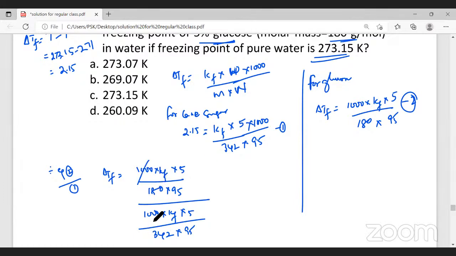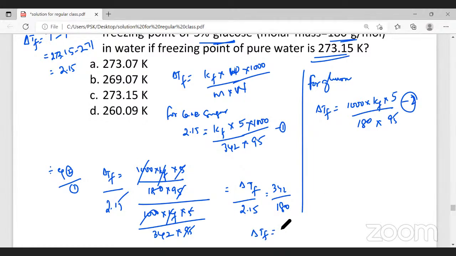See what happens? 1000 gets cancelled, KF gets cancelled, 5 gets cancelled, and 95 also gets cancelled. So delta TF by 2.15 will be equal to 342 by 180. On simplification, delta TF will be equal to 342 into 2.15 divided by 180.